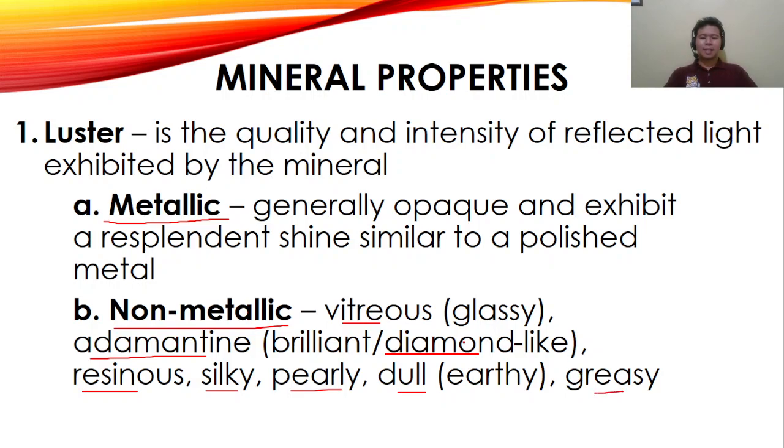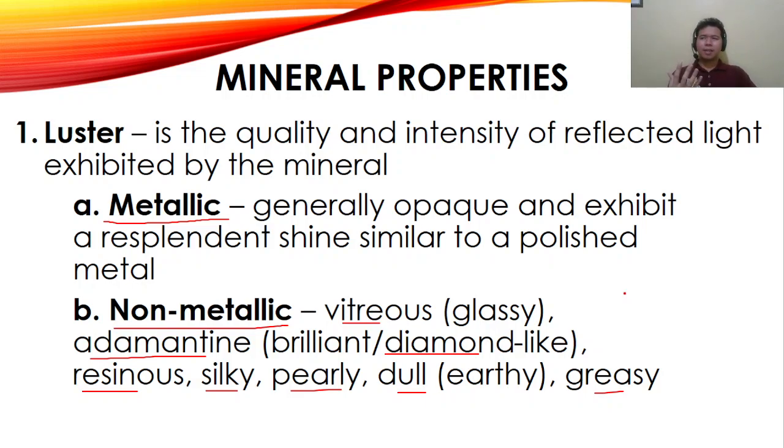When we say non-metallic, light cannot pass through, and it doesn't have a shiny surface wherein reflection can be seen, unlike the metallic. When we see a metallic mineral, we can see our reflection.